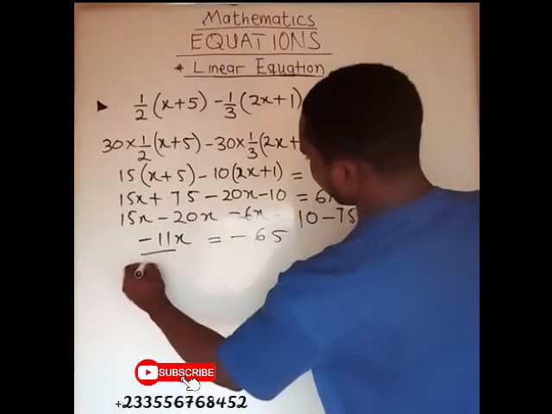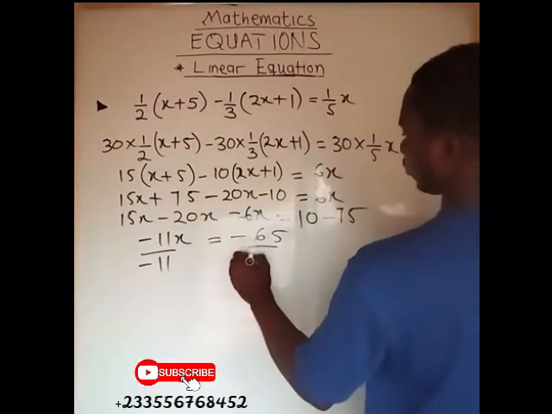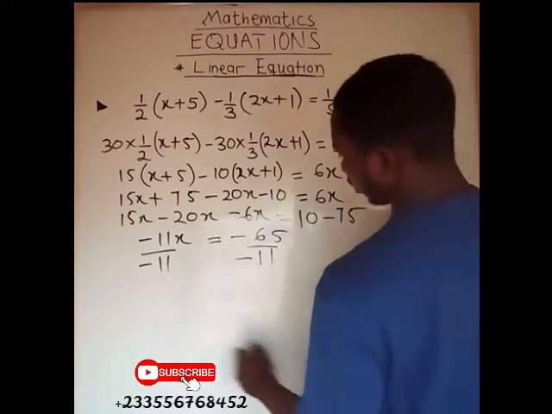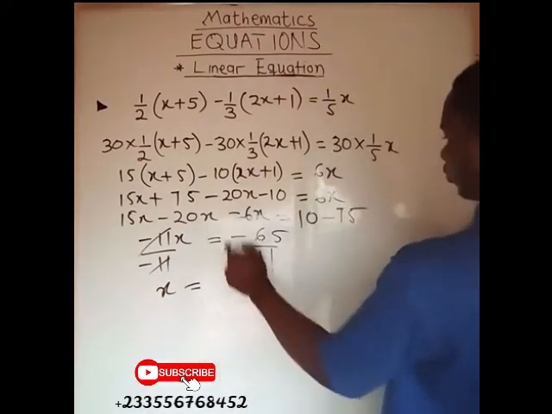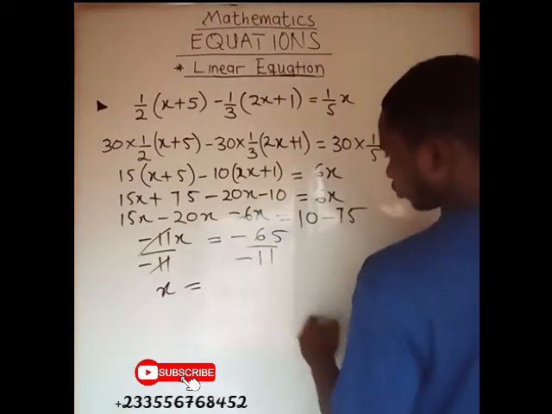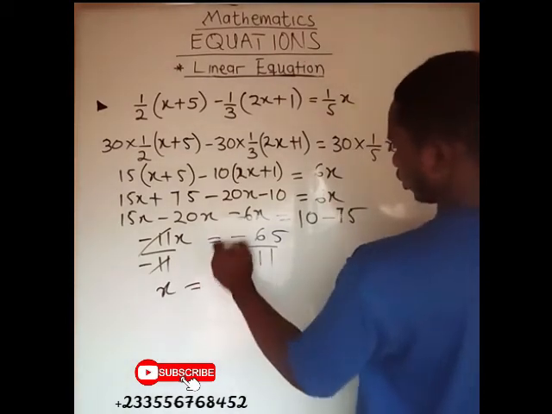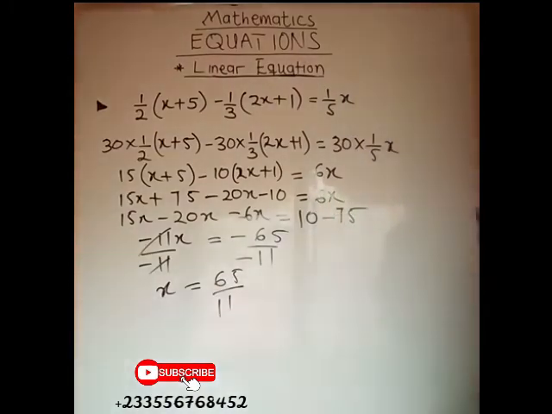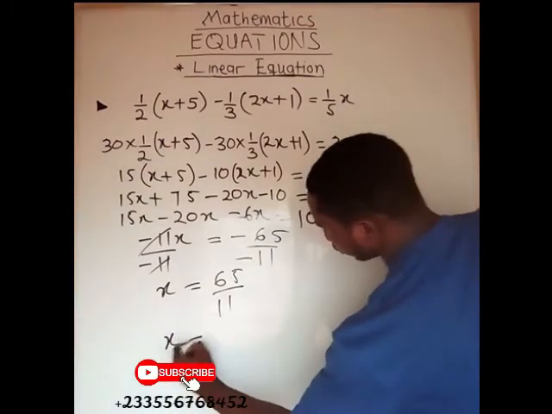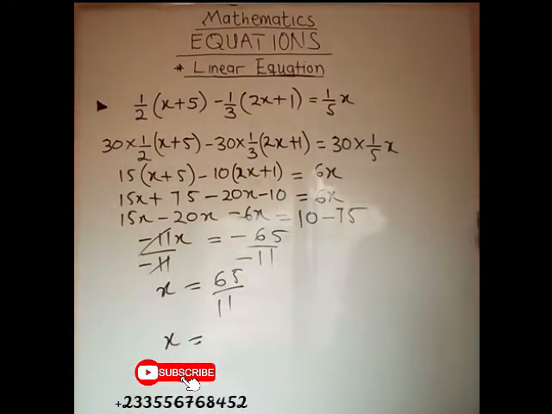We divide both sides by negative 11, the coefficient of x. We have x is equal to, so the negatives will cancel, 65 over 11. So we have to change this one to mixed numbers.